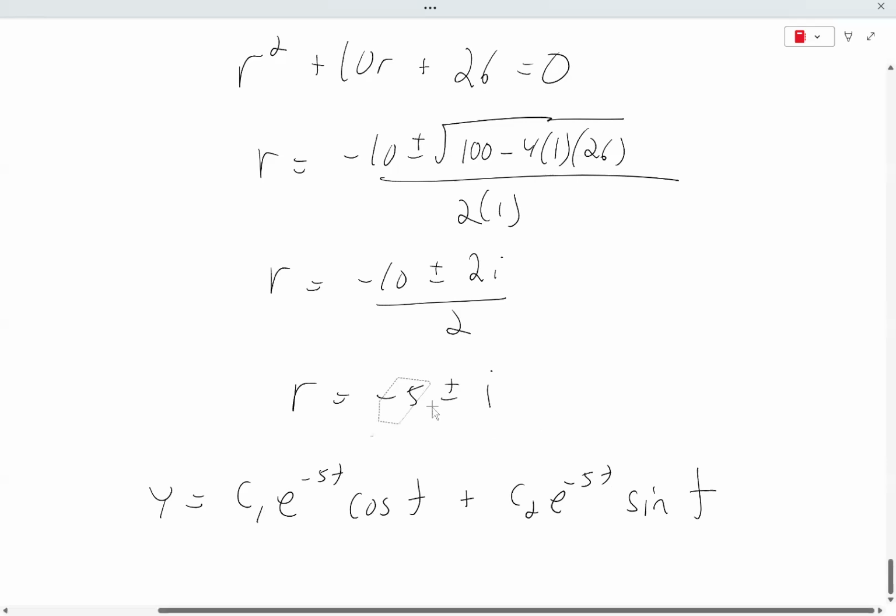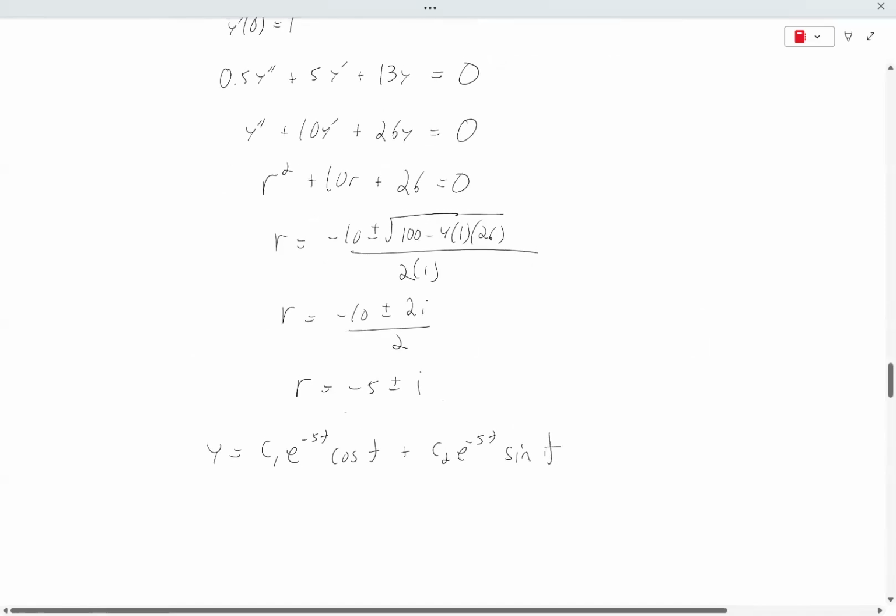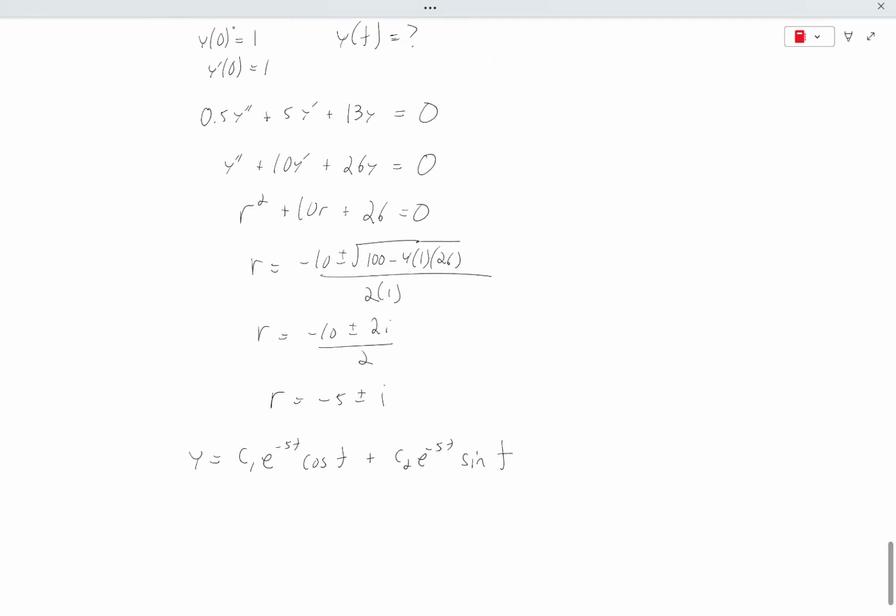Because the real part, that's the e, and the imaginary part is like 1 and 1 there. You first see this, and then you find your constants, right? Kind of like before. If you bring these down here, y of 0 equals 1, y prime of 0 equals 1.